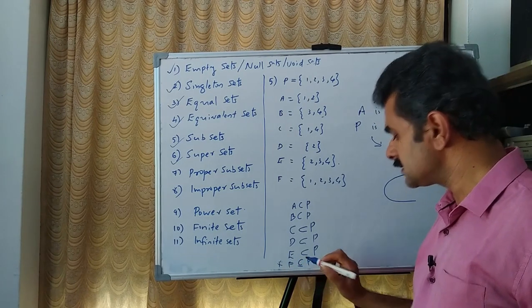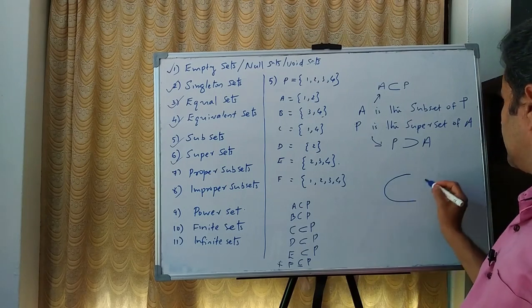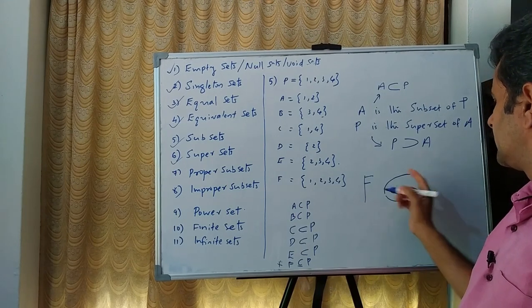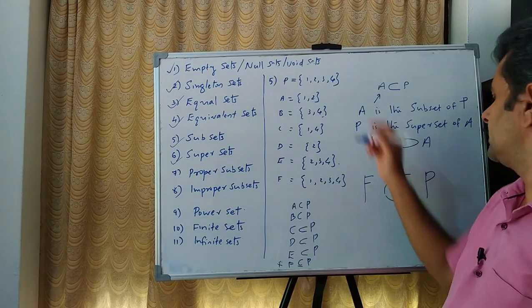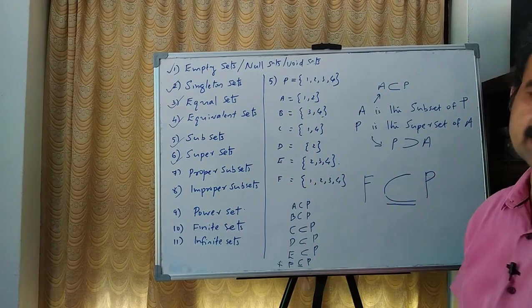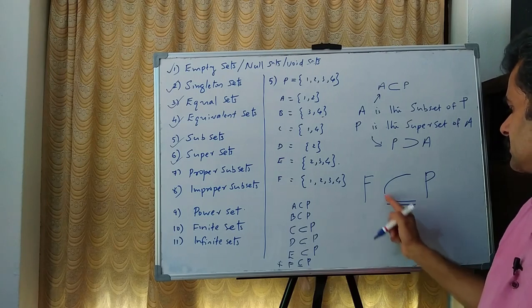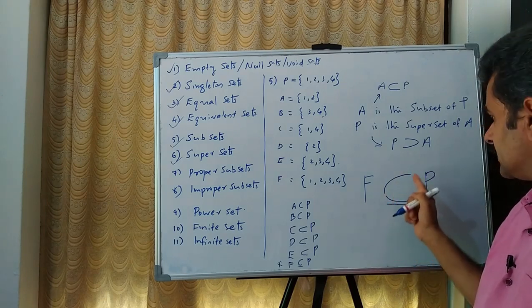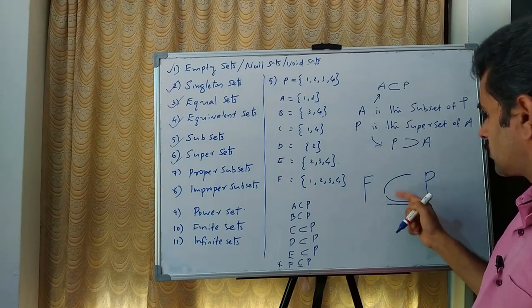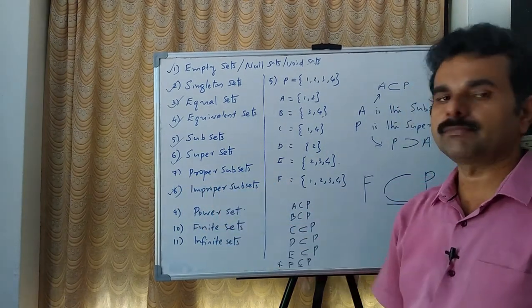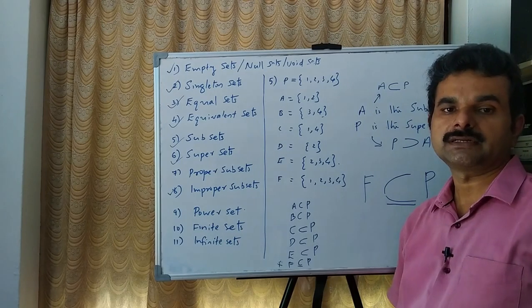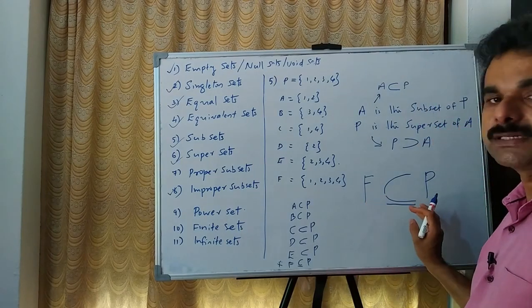So we use this type of symbol. F is a subset of P, but they are equal, identical, equal sets. So this is a notation, isn't it? This notation is called improper subset. So what is an improper subset?